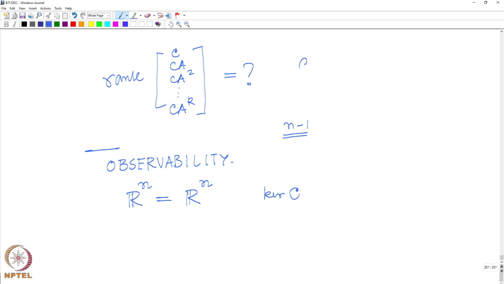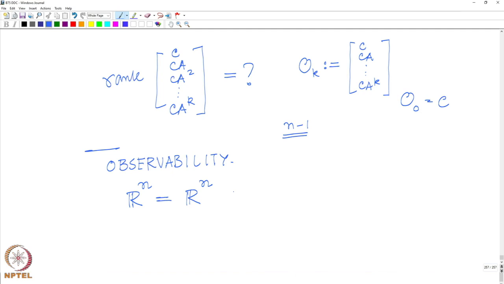This matrix I call O_k, the observability matrix. O_k is defined as C, C A, dot dot dot up to C A to the power k. So that way O_0 is just C.